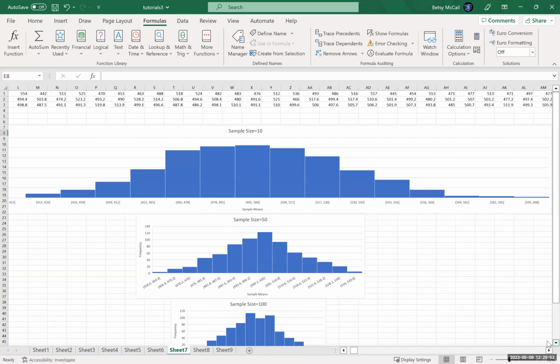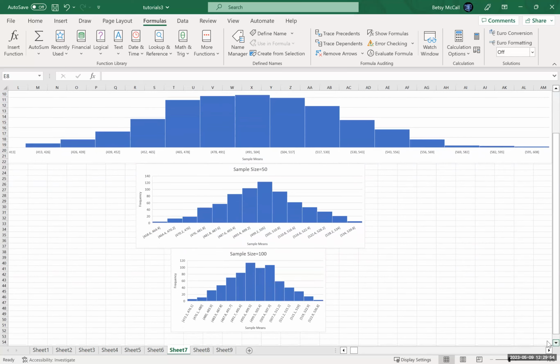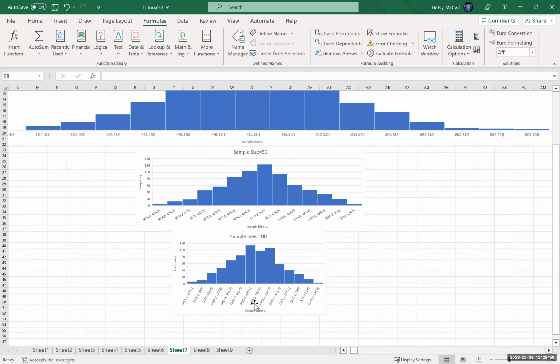And likewise, if we look at the sample size 100, this is kind of our normal size graph. 472 falls in this bin right here, and 522 falls in this bin right here. And so again, the variability in our means has been reduced yet again.